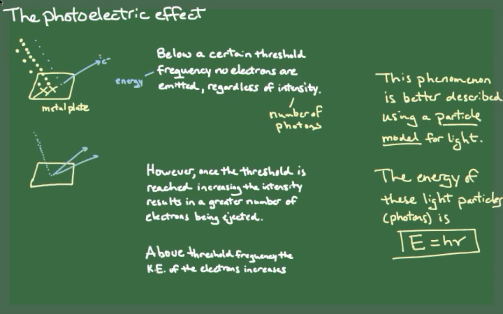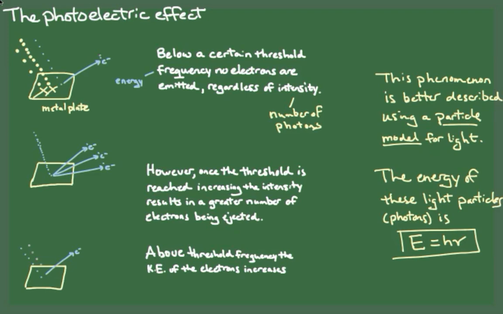Of course, if you go to higher intensity at the appropriate frequency, then you'll get more electrons ejected from the metal plate. And we're representing the greater intensity with a greater number of photons, as I'm showing in my simple diagram. And then, of course, if you go above the threshold frequency, the blue light will represent one frequency.